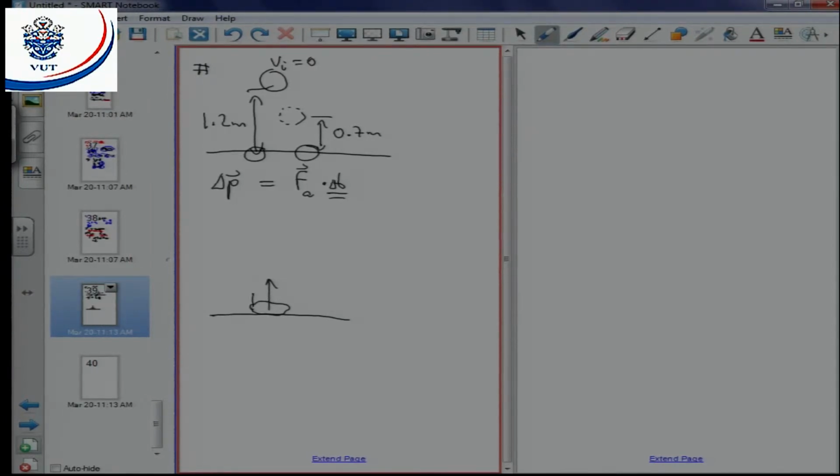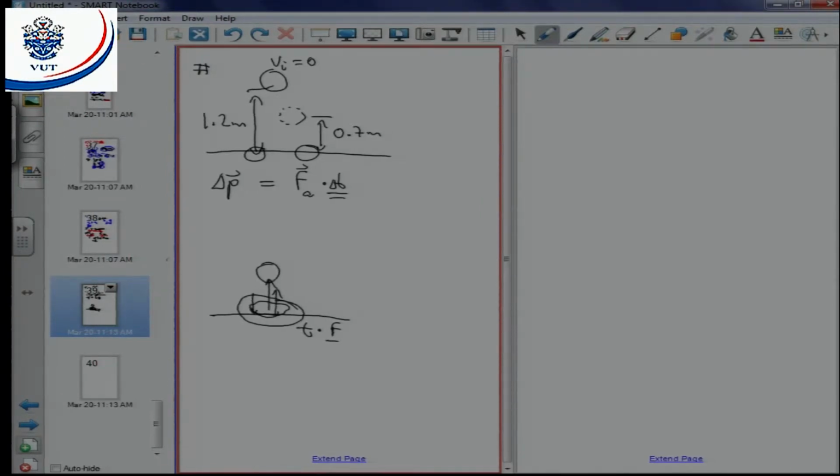So initially it's coming in, and then it's deformed, and then it's pushed up, and that's how it works. Then it gains the shape back, and this part where it's deformed, it's in contact with the surface, and it takes a time t to lose contact with the surface, so it experiences a force F during that time.